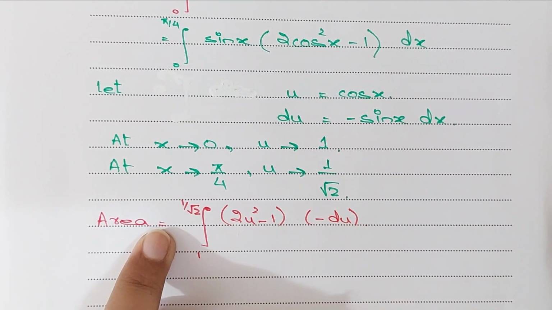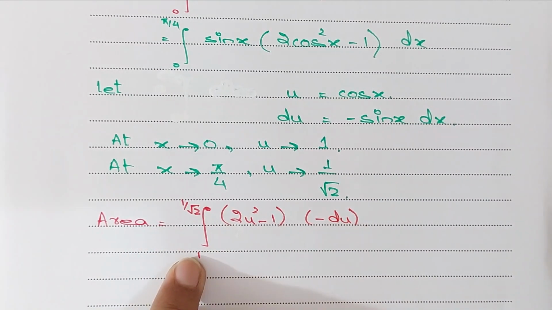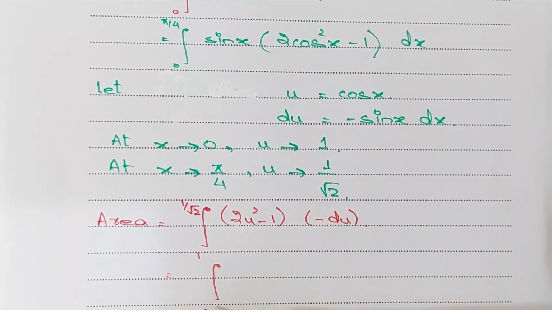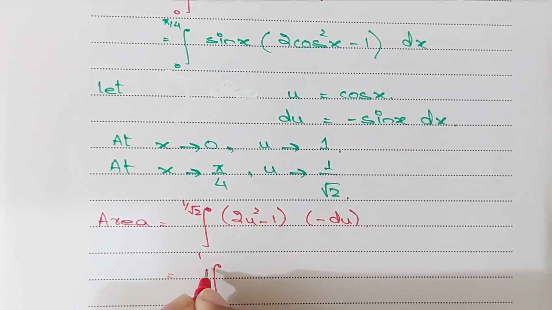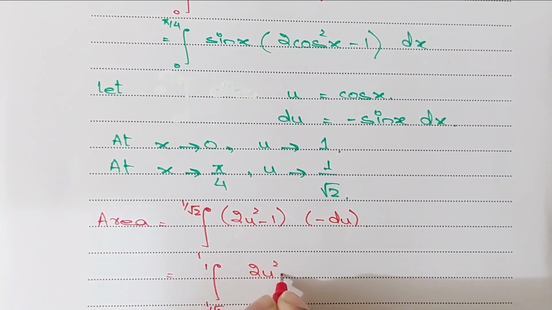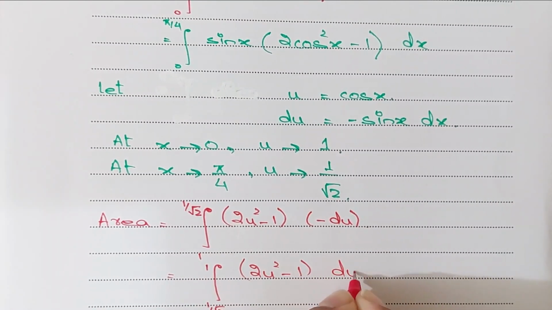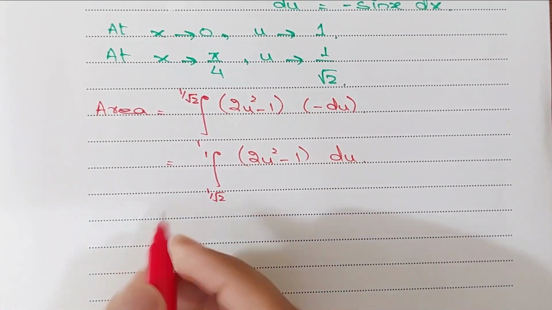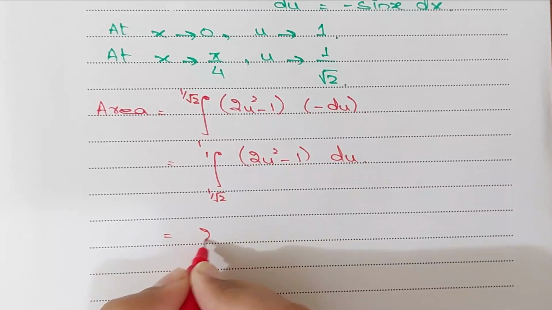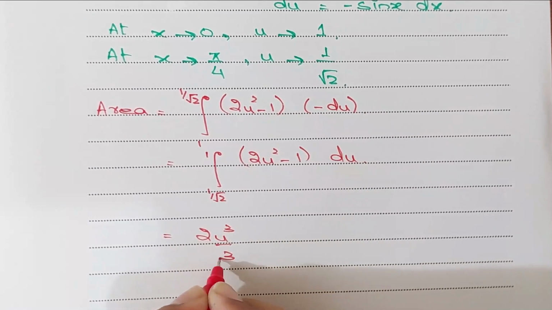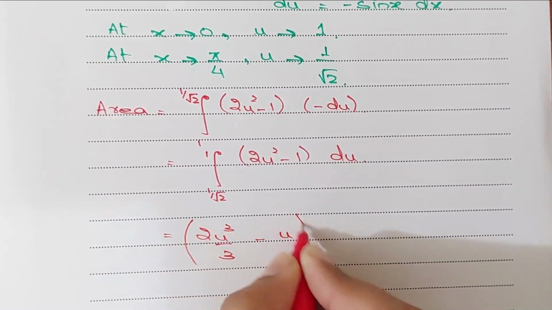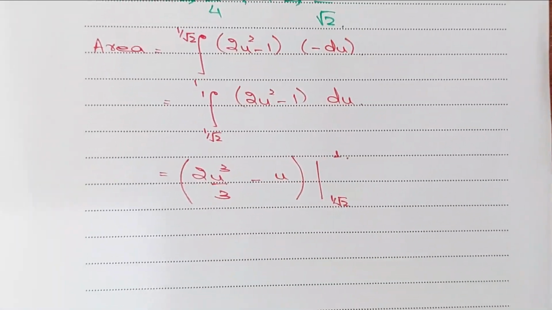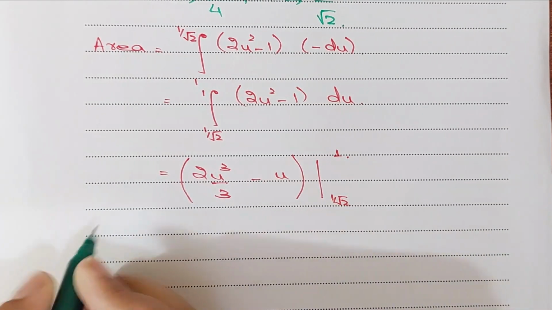We take this minus sign outside because the lower limit is more than the upper limit, so we change the limits to 1 over square root of 2 to 1, of 2u square minus 1 du. Now just do the simple integration: 2u cube over 3 minus u, with limits between 1 over square root of 2 and 1.